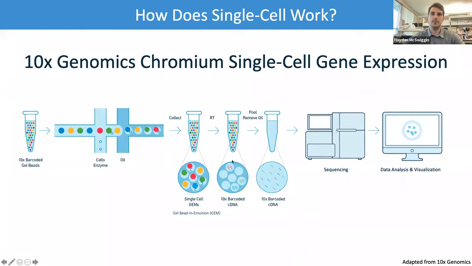During this reverse transcription, your cDNA will be labeled with a cell-specific barcode that you got from this gel bead. We'll talk about that more later. Then once you label the cDNA with your cell-specific barcode, you can pool the cDNA, finish creating libraries, and then sequence these libraries, and then do some data analysis further down the line.